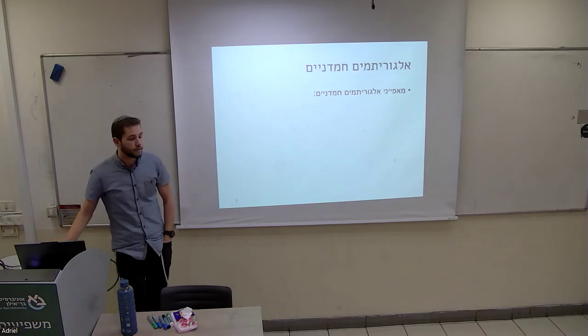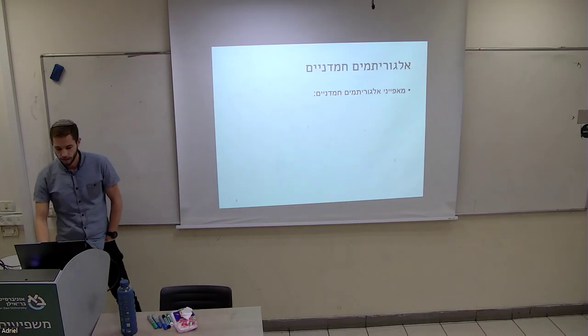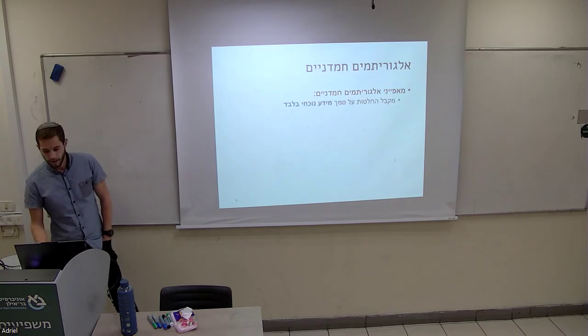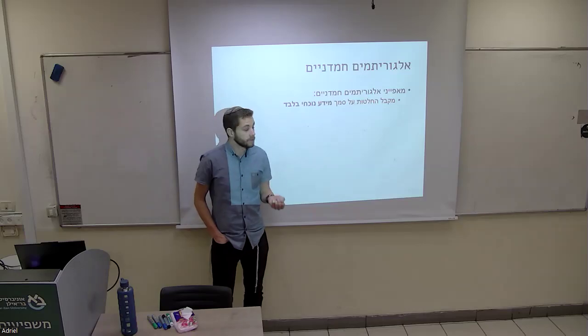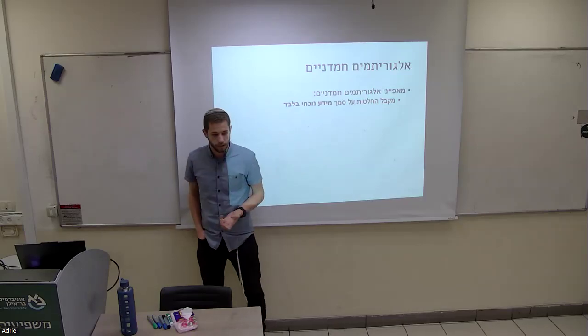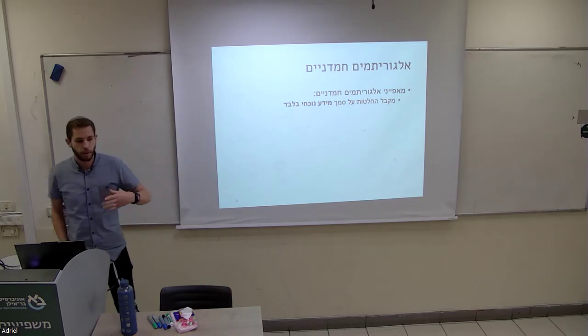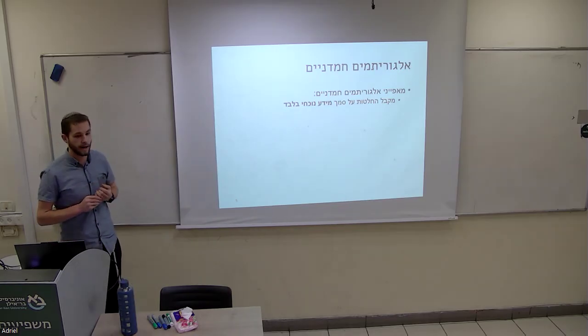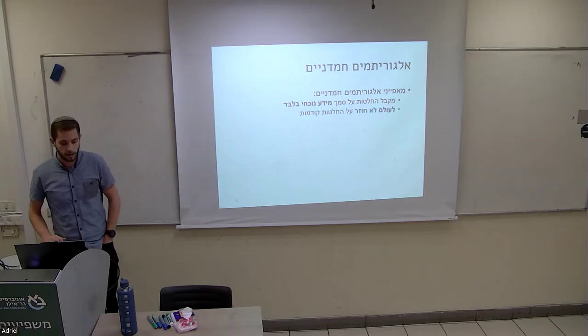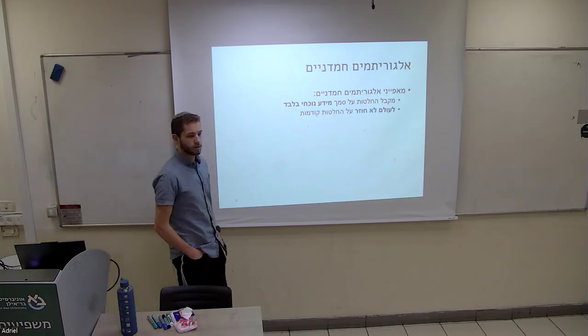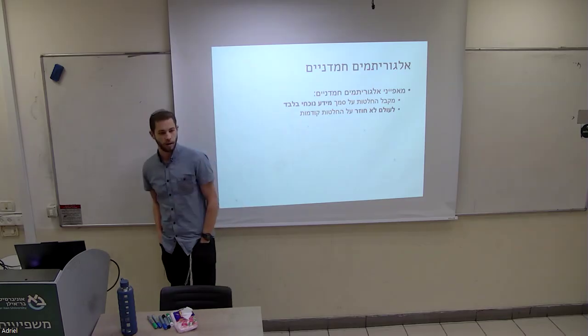So, a couple of properties of greedy algorithms. It makes decisions based only on the current information it has. It doesn't plan into the future. It doesn't calculate what will happen if. It just makes a local decision. It never goes back on decisions. Once you make a decision, you're stuck with it.